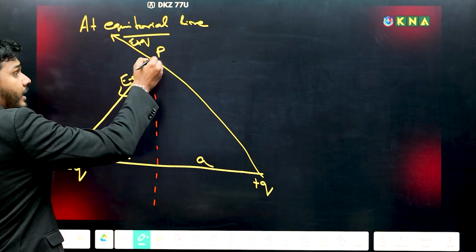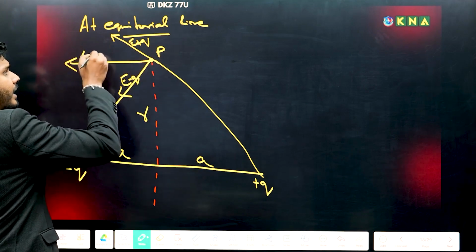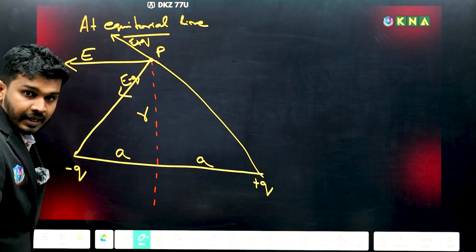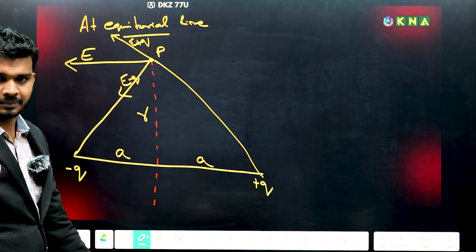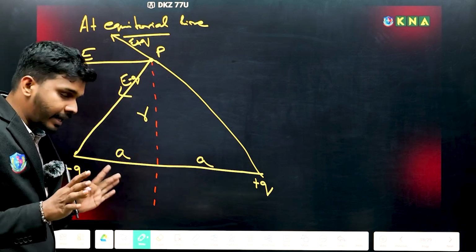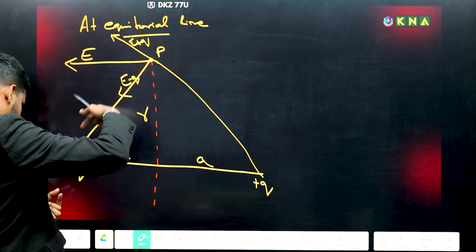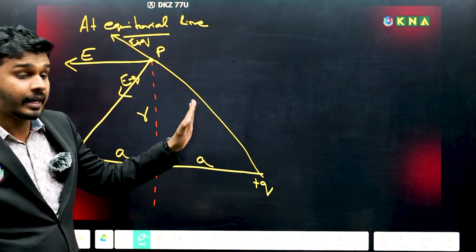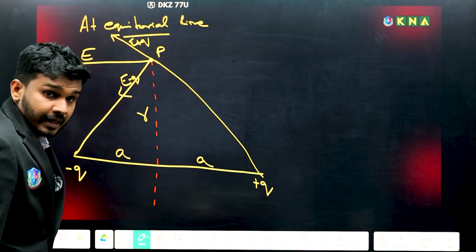Then what is the resultant? The resultant electric field is here. Understand the directions: the field due to the negative charge is in this direction, and the field due to the positive charge is in this direction.